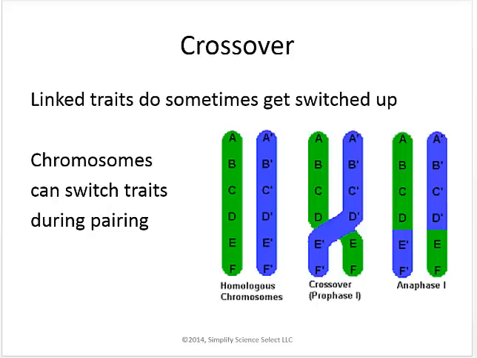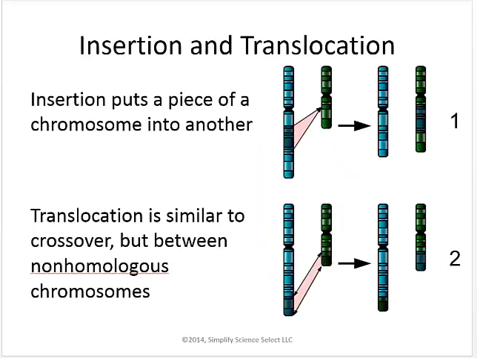They're so close to each other, they overlap, and they end up disconnecting, reconnecting. And if you look at the anaphase example, they've swapped with each other. You also get insertion and translocation. At the top, we're seeing insertion. You can see that there's a part of what was on the blue chromosome that's now in the green chromosome. So you're getting information moving around.